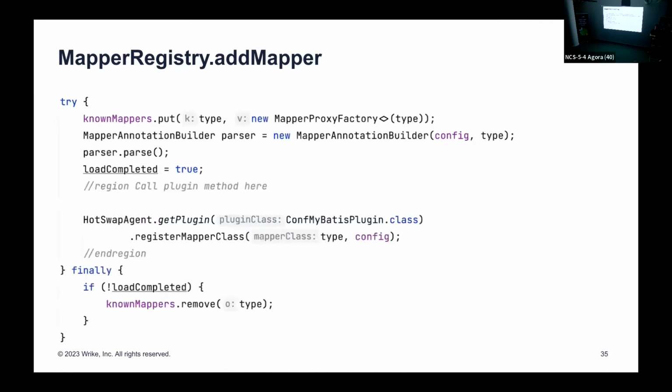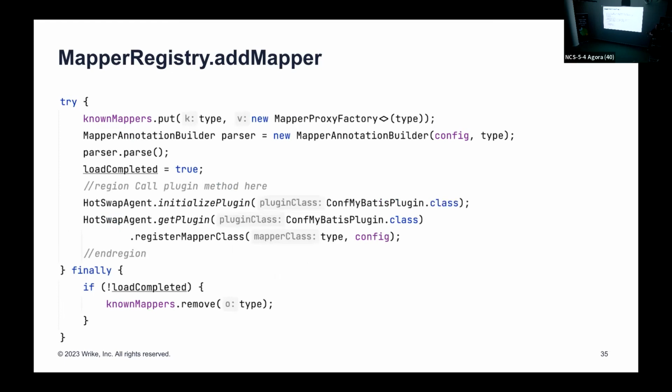There, we want to get the instance of our plugin using the HotSwapAgent API, and then call the method of this plugin, passing to it the mapper class and configuration instance, just to save this information inside our plugin. But before we do this, we also have to initialize our plugin.